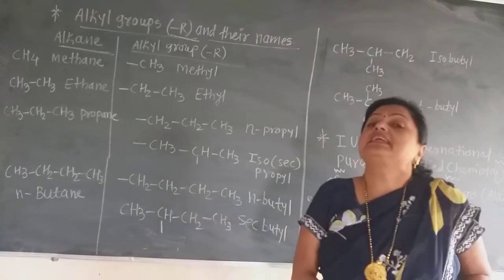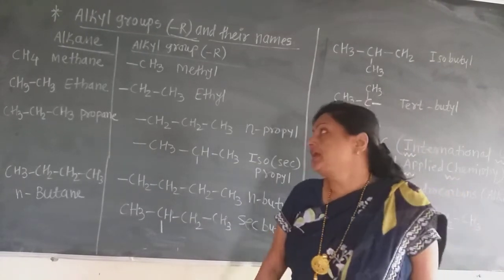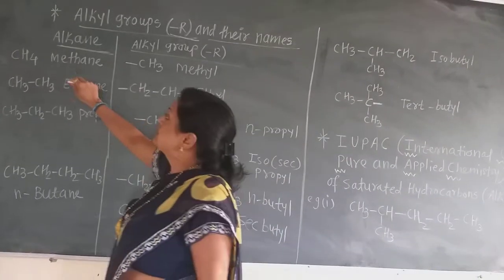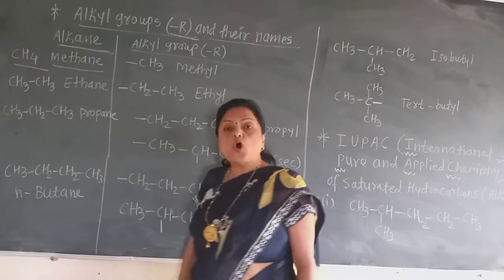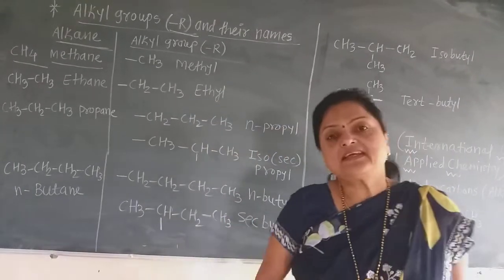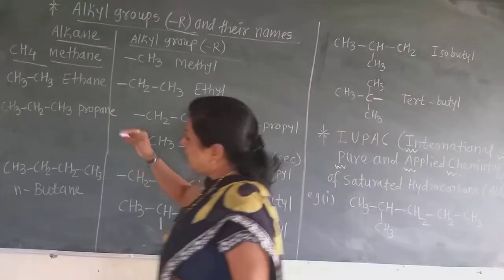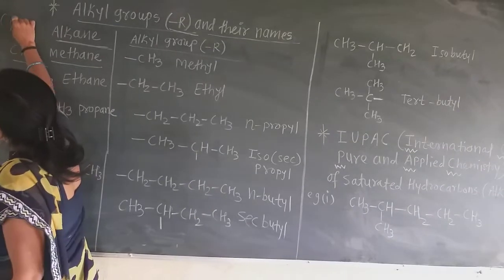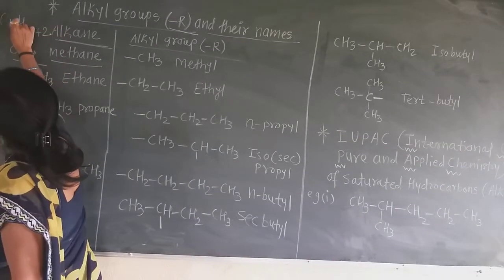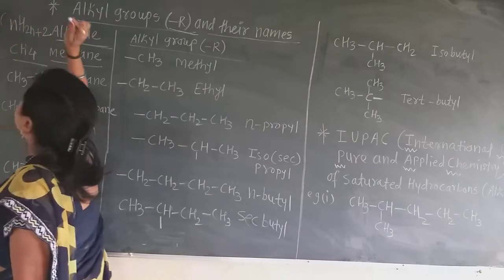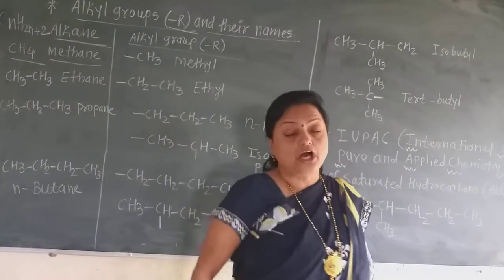Now the first alkane, you know, is methane, CH4. We know that the general formula of alkanes is CnH2n+2, where n is the number of carbon atoms.